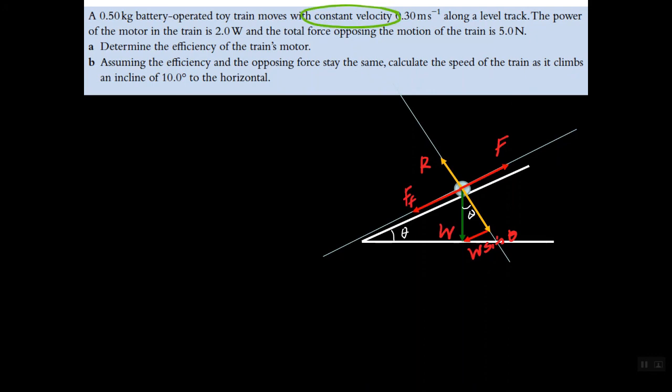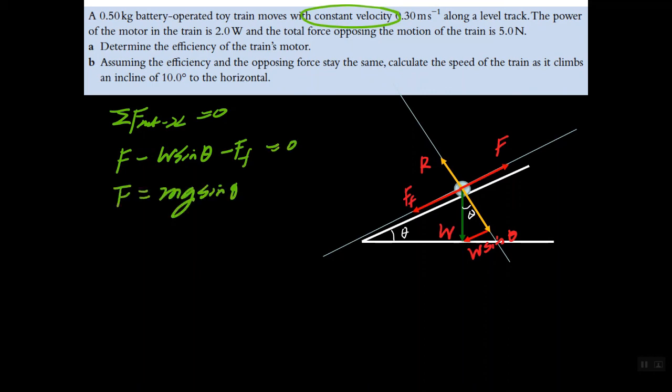As the train moves with constant velocity, the net force along the slope equals 0, which means F minus the component of the train's weight acting down the slope minus frictional force equals 0.